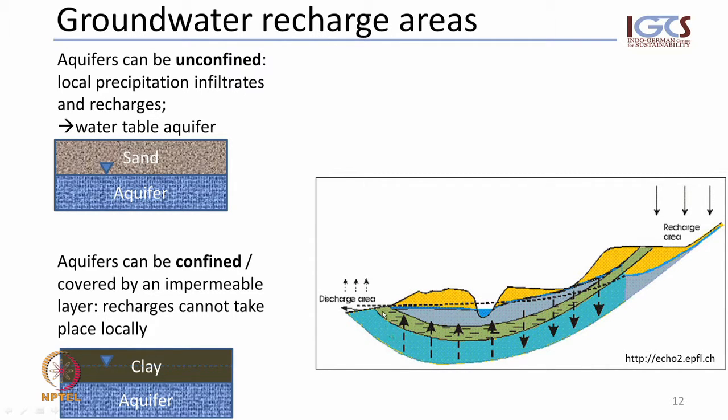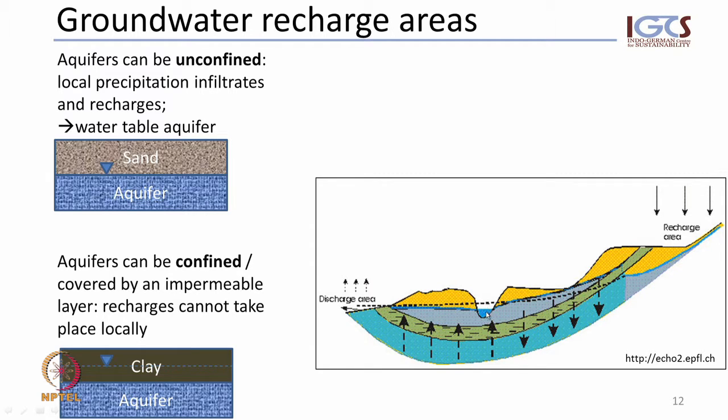And then we have an impermeable layer here in between, and underneath this impermeable layer another aquifer system. Now we can access both of these aquifers from this point here.